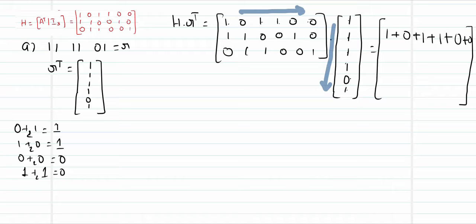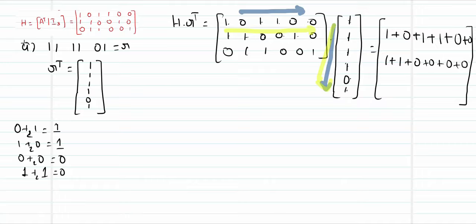Now I shift to my second row with that of the column in the same way, and I work for the element: 1 into 1 is 1 plus 1 into 1 is 1 plus 0 into 1 is 0, 0 into 1 is 0, 1 into 0 is 0, 0 into 1 is 0.